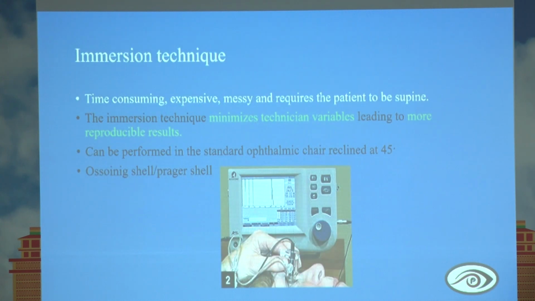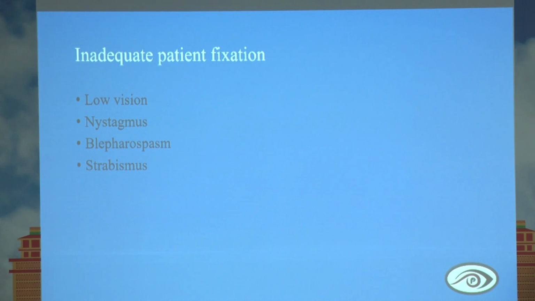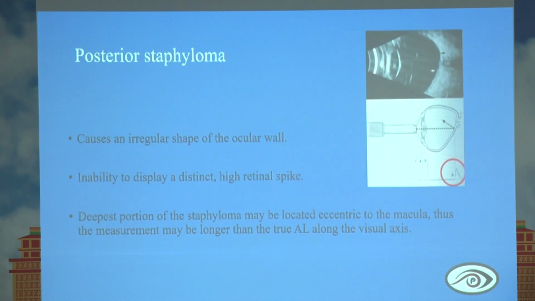To get better results with the ultrasound, we have an immersion technique where the patient has to lie down, or it can be performed in the standard ophthalmic chair which is reclined at 45 degrees, using either Ocuscan or Prager shell. But it takes some more time. There are a few conditions where you may have inadequate fixation, like low vision, nystagmus, strabismus.